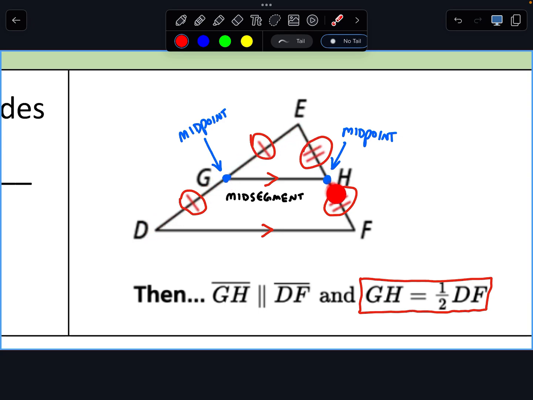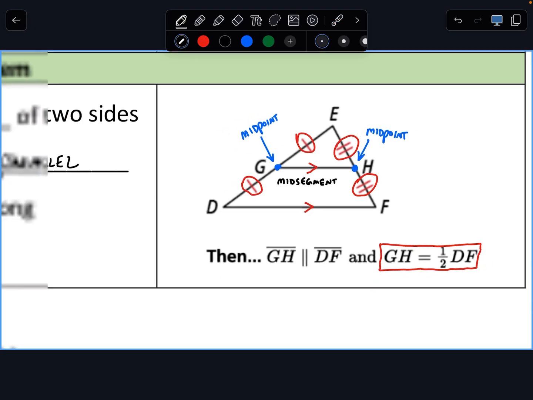Triangle DEF, the larger triangle, is twice the size of triangle GEH, the smaller one. So DE is twice the length of GE. FE is twice the length of HE. And so the third sides have to have the same relationship. DF has to be twice the length of GH. So whenever you have a mid-segment, that mid-segment is half the length of the third side of the triangle.